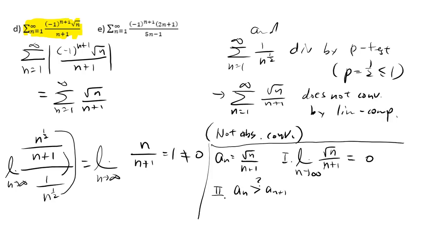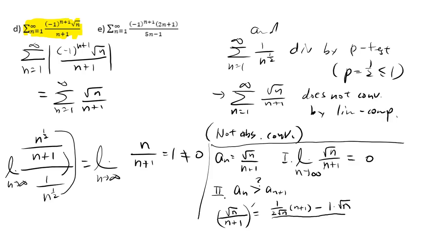so it's not so easy to show that an is greater than an plus 1. Okay. And in that case, here's a nice trick to use. Just differentiate it, and if the derivative is less than 0, we know that it's decreasing, right? So just differentiate this. Hopefully you didn't forget the quotient rule. Derivative of the top is 1 over 2 radical n, times n plus 1. Minus, when you differentiate n plus 1, it's just 1, times the other one, square root of n.